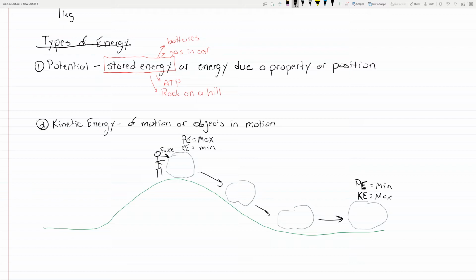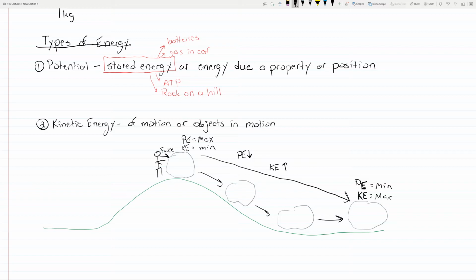As we go down along the trajectory of the rock, the potential energy will decrease as the kinetic energy increases to a maximum. You can't have more kinetic energy than potential energy can give you unless you act on it with an outside force. It took an outside force to set it in motion, but once you set it in motion, the potential energy started to be converted into kinetic energy itself.